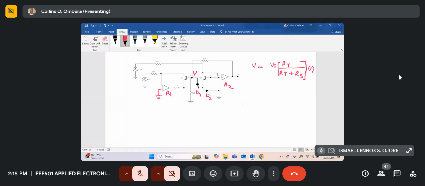So this also implies that if we know V, then we can write V naught can be equal to V into RT plus R3 over RT.